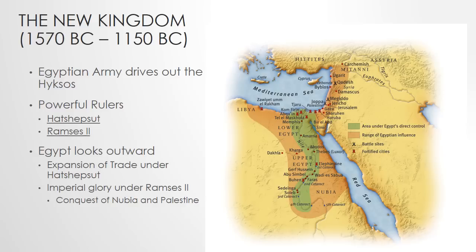Either way, under Hatshepsut, we see an expansion of foreign trade, both down into Africa and into the Middle East. And then later, under Ramses II, Egypt begins to claim an empire, expanding outward, conquering both Nubia in Africa and much of the Middle East, all the way up to the top of the Euphrates River. And so Egypt at this time period has become an empire.